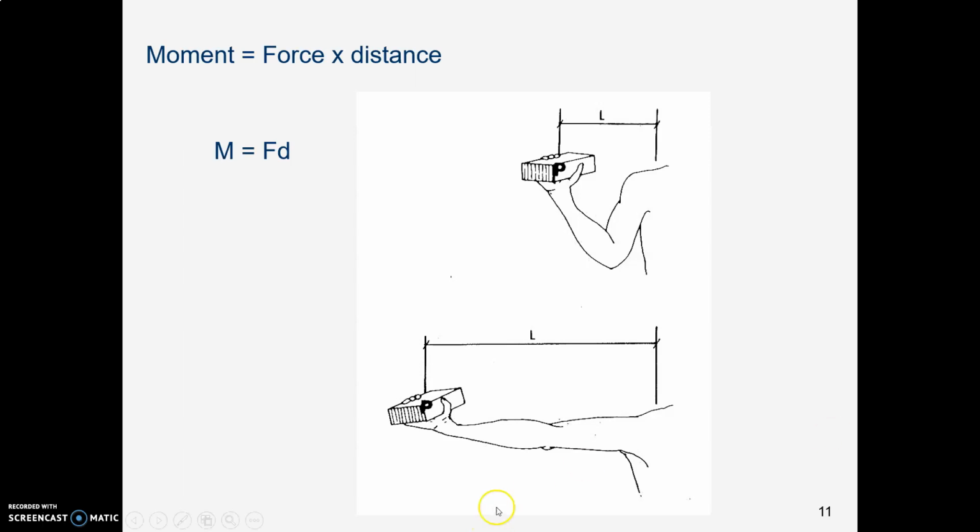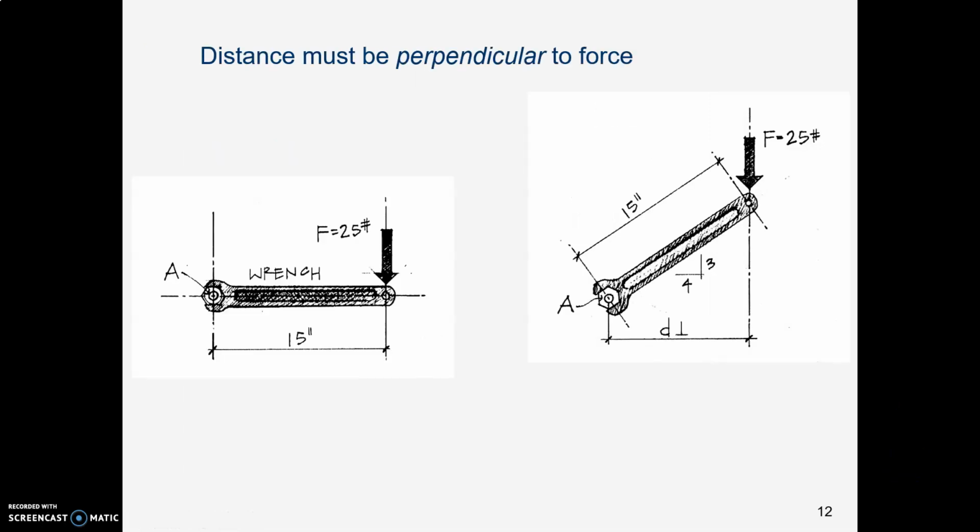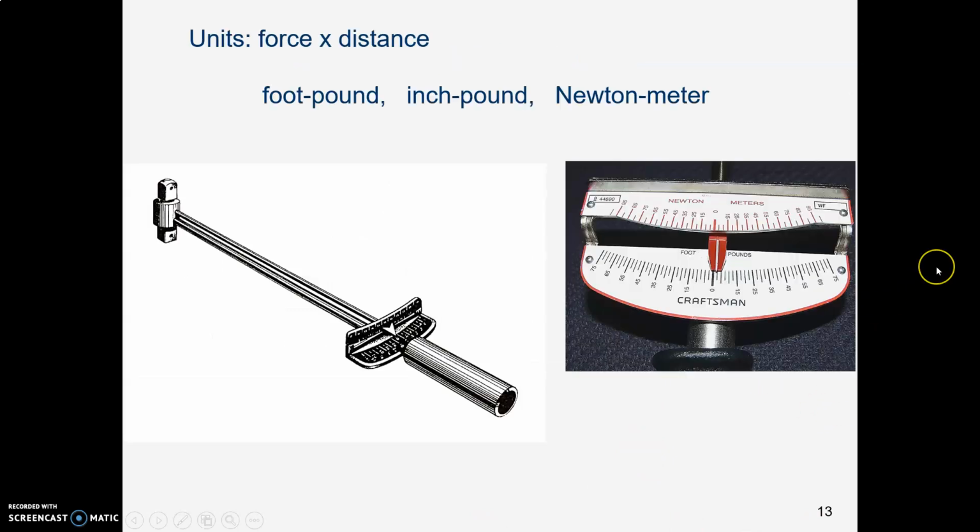In other words, this brick is harder to hold up when you stretch your arm out because you have a bigger moment. Notice that the distance is perpendicular to the force, and we're going to talk about this in more detail next time. So from the pivot point, perpendicular to the line of action, that's the distance.